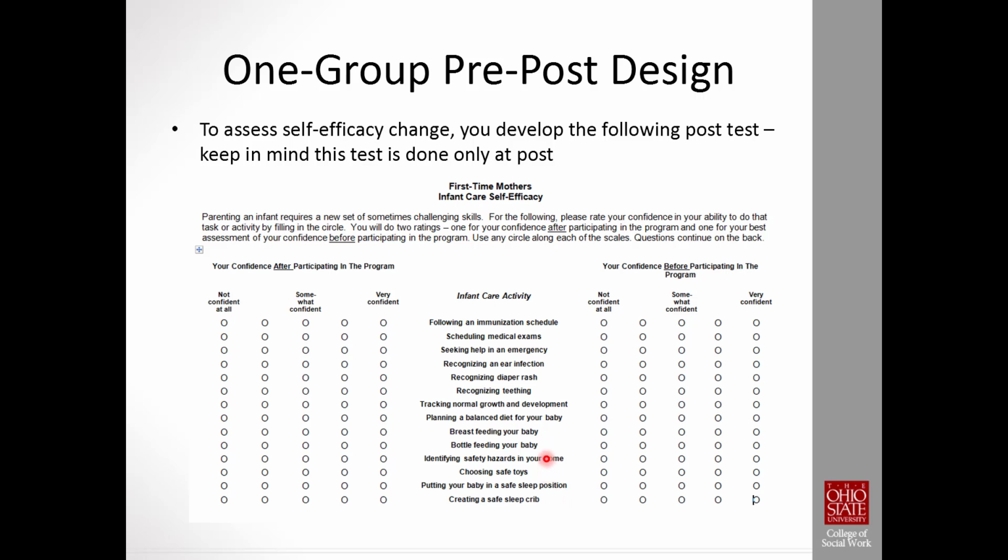If you asked this at the beginning of the day, it's very likely that moms would be guessing in some ways at where they felt they were, and even more so, they might be more inclined to give socially desirable answers, because they might feel there's some risk to saying that they're not confident.